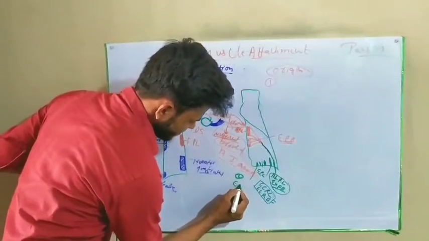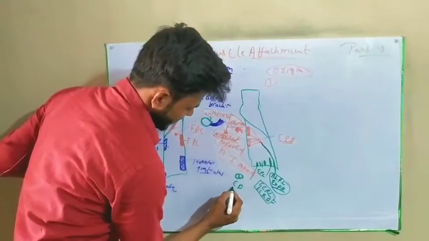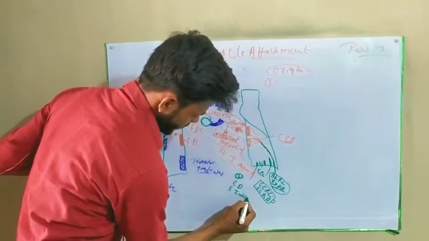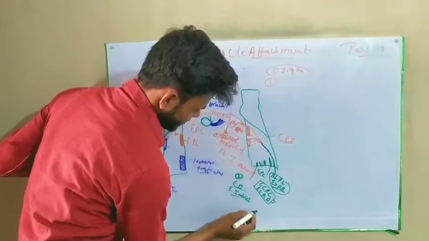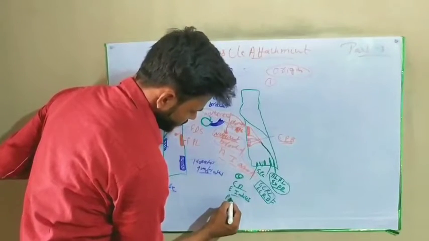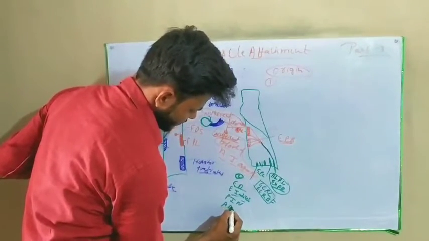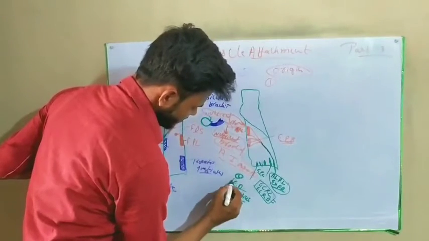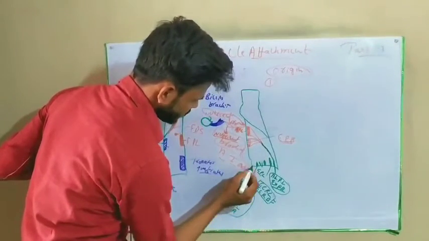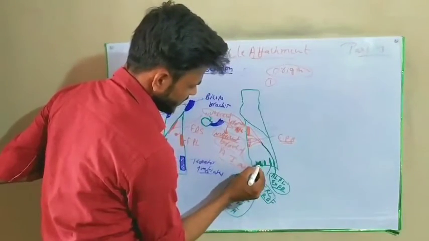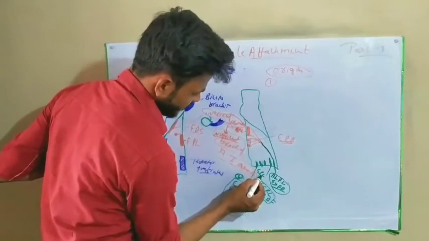Those structures are extensor digitorum, extensor indicis, posterior interosseous nerve and anterior interosseous artery. These four structures will pass through these grooves.